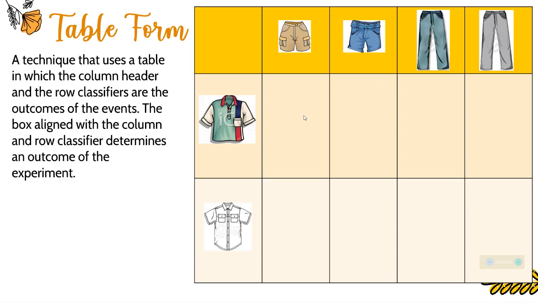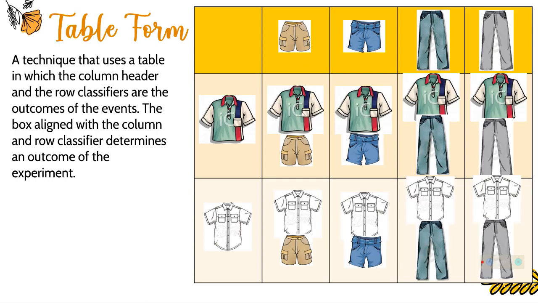In this box, we are going to have the combinations of the pairs of attires that you can have for you to attend the party. If we are going to count, you can have, yes, still 8 possible pairs. That is the second method.